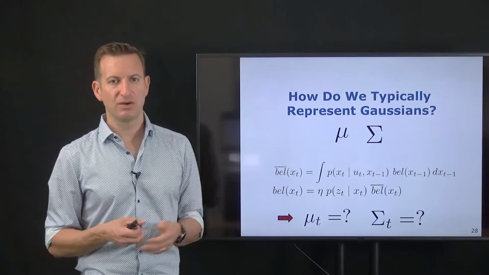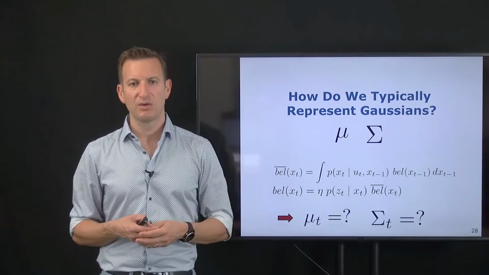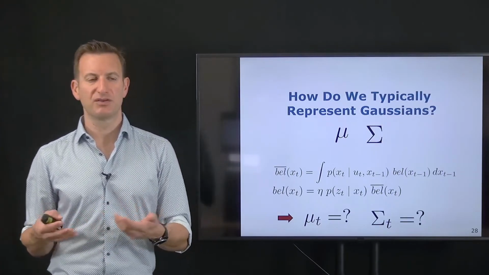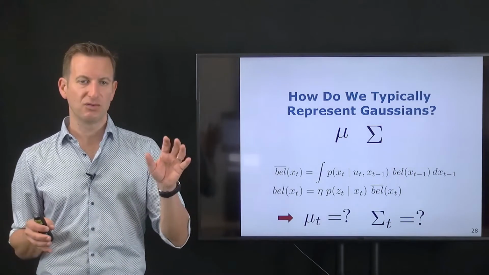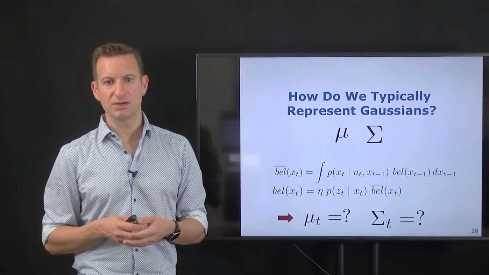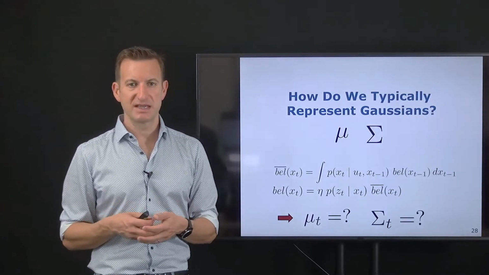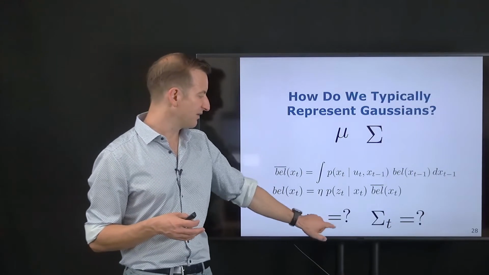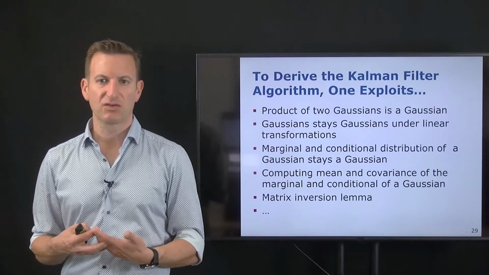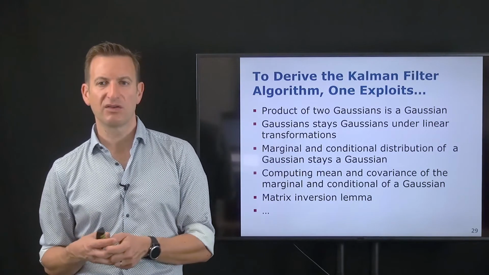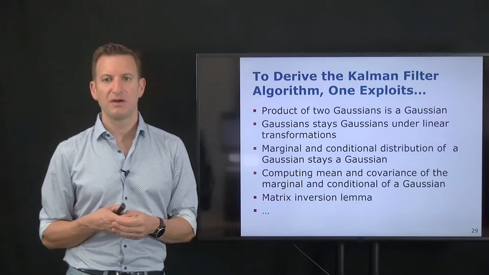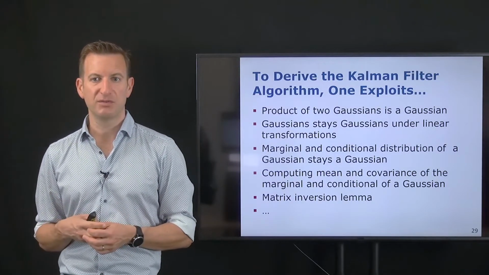This is very similar to the derivation that I just started with the convolution, showing that the convolution of those two Gaussians stays Gaussian by splitting this up into a product of Gaussians and then a marginalization operation, and then I can show that I'm actually still staying in the Gaussian world. Very similar things happen if I ask how I can express the mean and the covariance matrix. So the key toolbox that I need in order to derive the Kalman filter algorithm is the fact that the product of two Gaussians is still a Gaussian distribution.